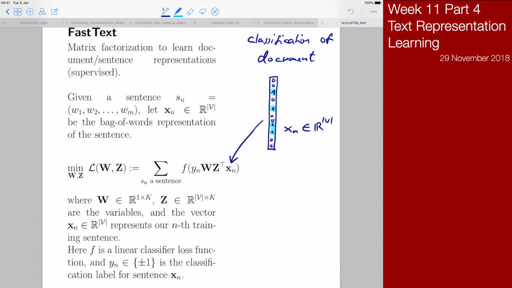But that's still the old approach, right? This has nothing to do with word vectors. So now there is a bit more here. What it does is multiply this by a matrix. And this is a K by size of V matrix.